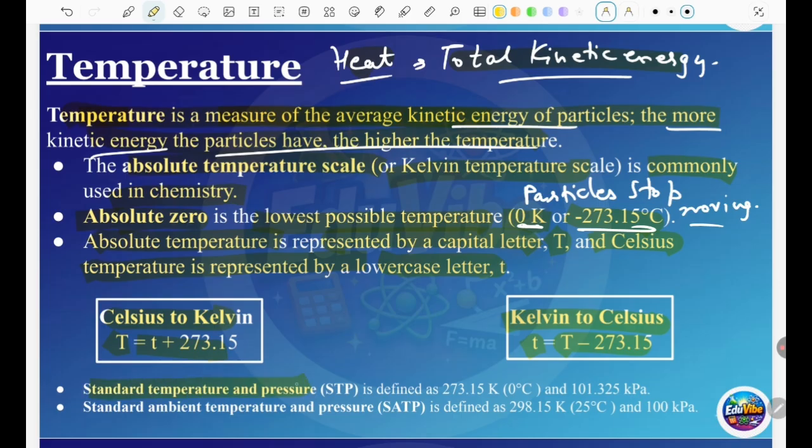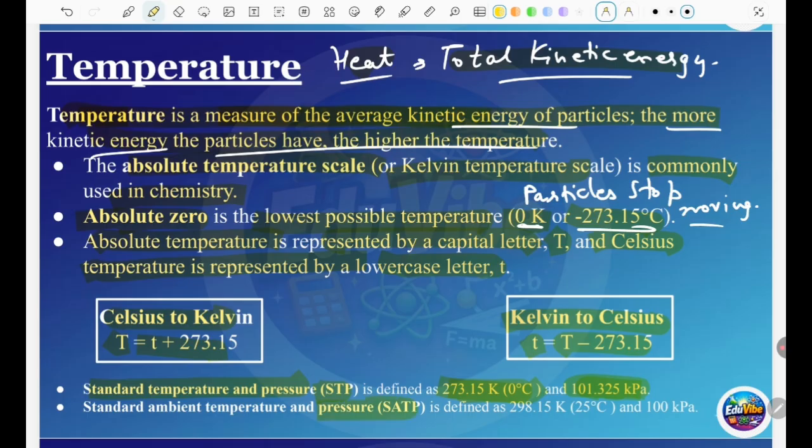Standard temperature and pressure, which is STP, you have to learn this. In the next lessons, you will see STP or SATP mentioned. That means you must use the values in your formula sheet for pressure and temperature.